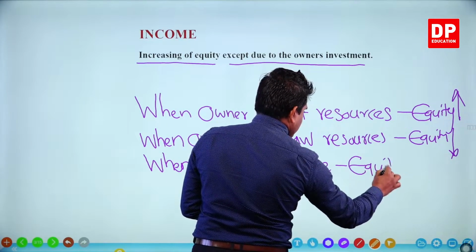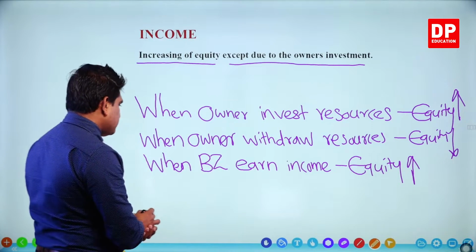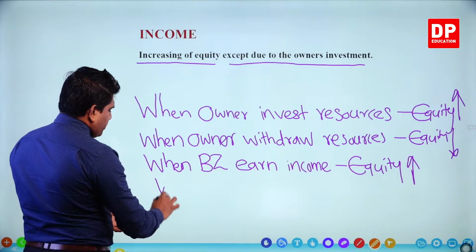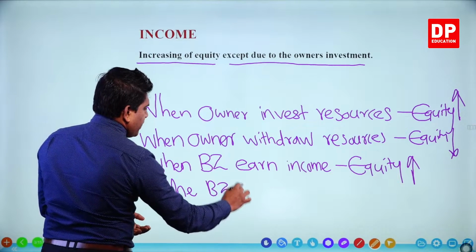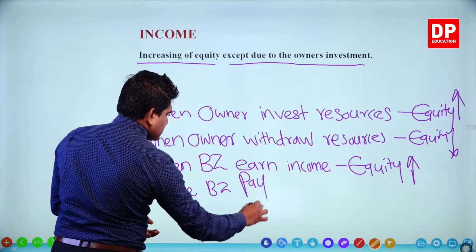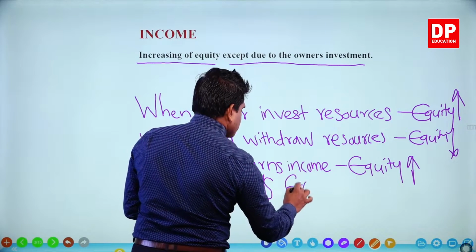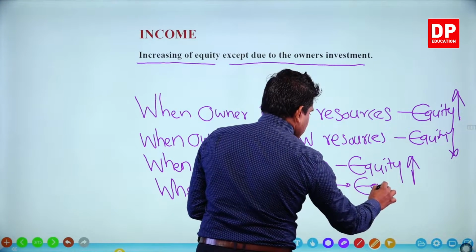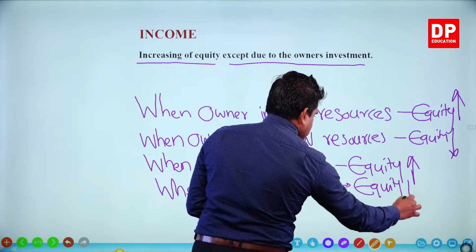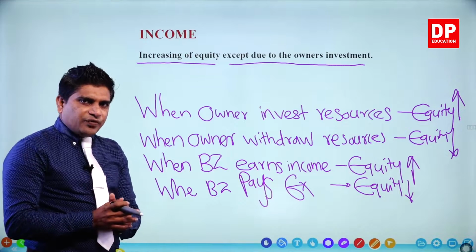Equity increases. You have learned this everything in grade 10. When business pays expenses, equity what happened? See, equity decreases. There are main 4 factors which are affected on equity.